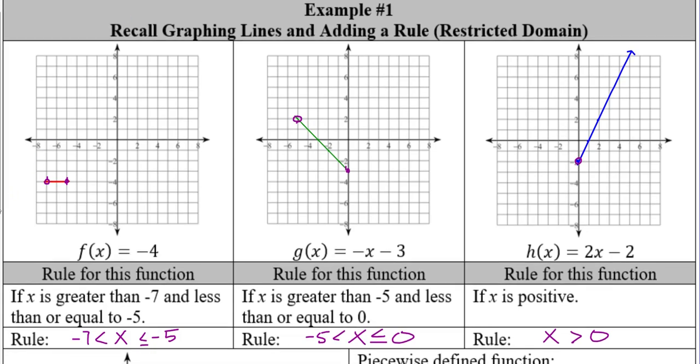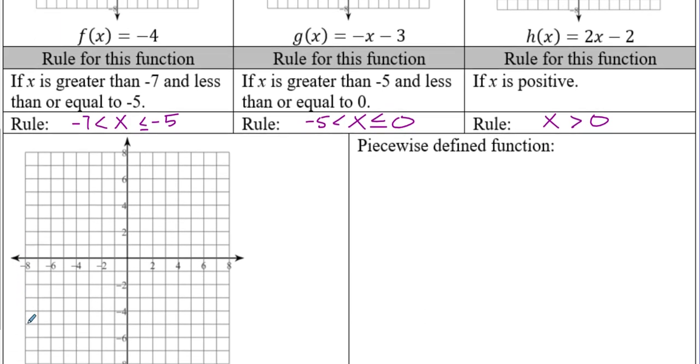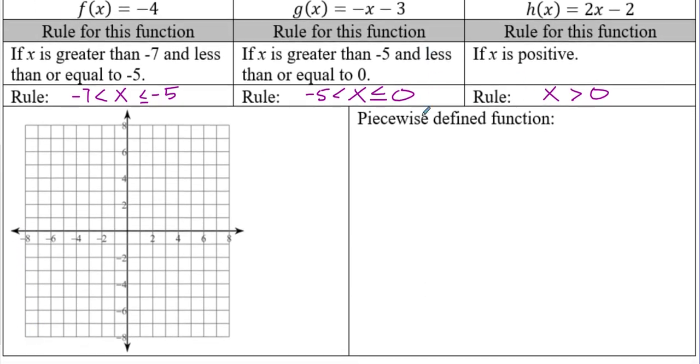And then now down here, it wants me to graph all 3 of these. So if I have my piecewise defined function, let's write this. This is how they are going to look. We used f of x, g of x, h of x. I'm going to use p of x, because we all shop at the PX, yay.